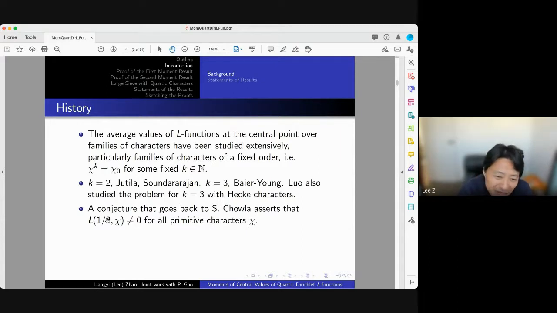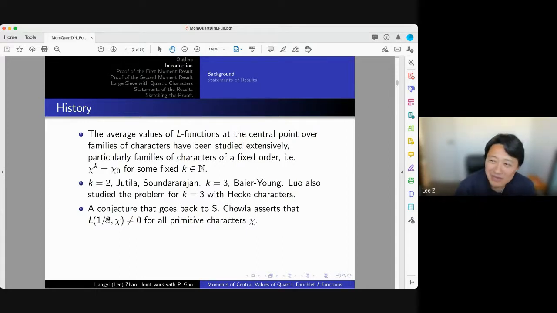In fact, there's a folklore conjecture along the same lines, which says that if you have any L function, unless there's a good reason for it to be 0 at 1/2, or wherever its central point is, it's never going to be 0.